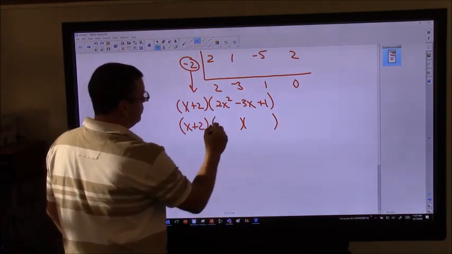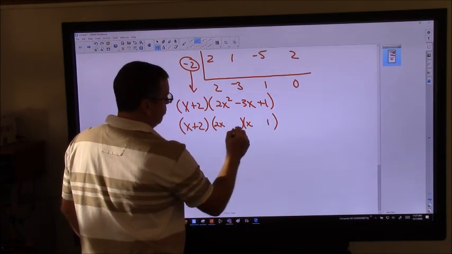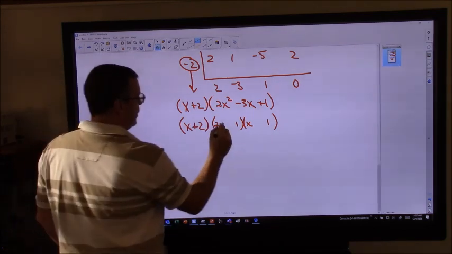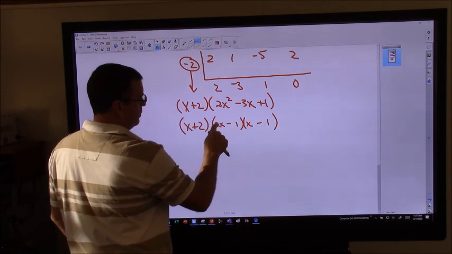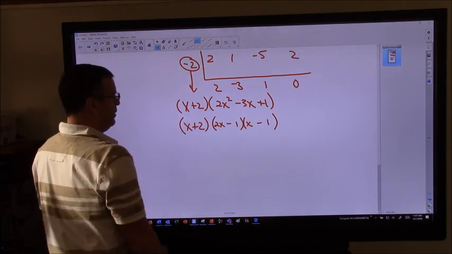Let's see, this would be 2x times x. That could only be 1 times 1. And so what would it take to get a -3? If both of these were negative, so I get 2x squared, -2x minus another x, that'd be -3x, and then negative times a negative is a positive. So there it is.